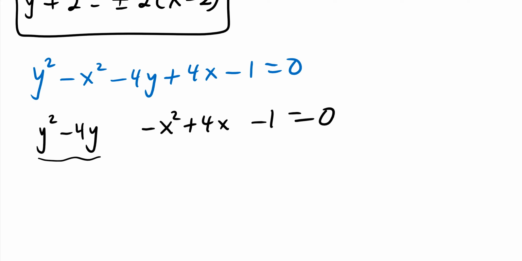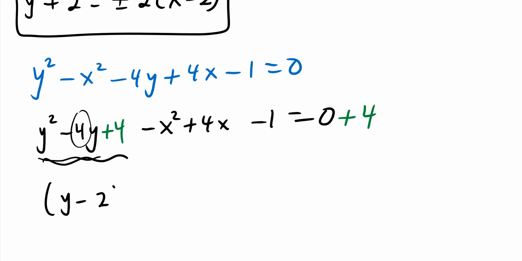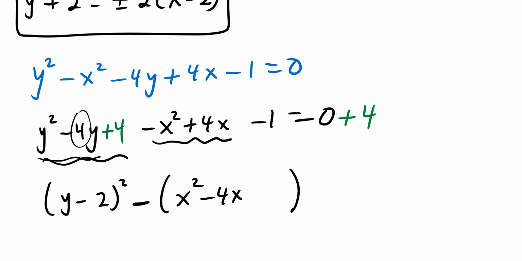For the x's, we divide the coefficient of x by 2, that gives us 2. Squared, you get 4. So add 4 here and 4 there. This whole thing becomes y minus 2 squared. Take out a negative sign here, that leaves x squared minus 4x.